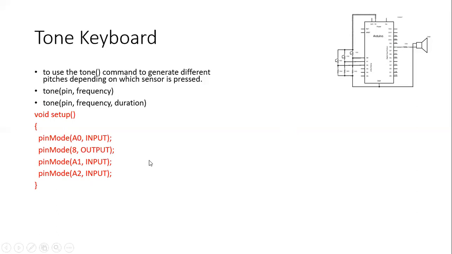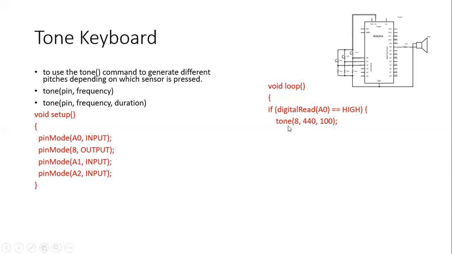Okay. So next, the loop. Inside the loop we specify if the A0 pin is having a high value. Analog pins also can be used for digital purposes, so we read a digital value through A0, since we are going to connect the switches in our implementation. So if digitalRead A0 is equal to HIGH, then we specify what tone should be given.